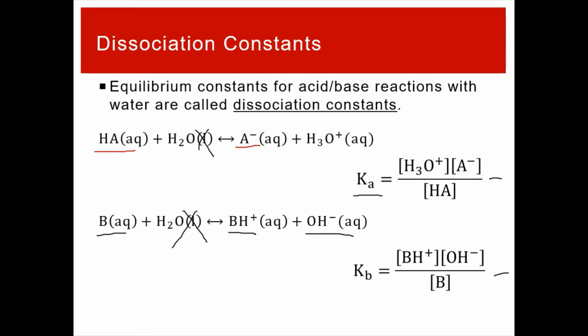We call these dissociation constants because it really comes from the idea that the acid is dissociating, which means falling apart, and so the H is leaving the acid. We thought it just kind of fell apart and floated around. Now we know it goes to the water, but that's historically where the terminology dissociation constants comes from.